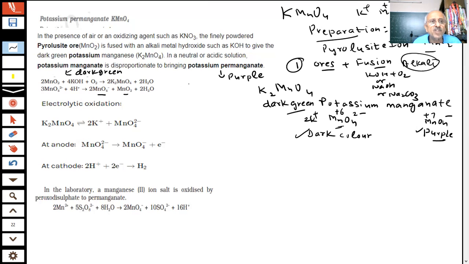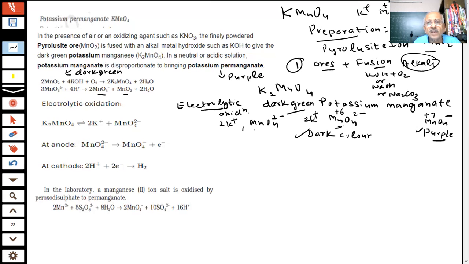Another possibility is that for K2MnO4, we can do electrolytic oxidation. If I do the electrolytic oxidation, what will happen? What ions do you have? You have 2K plus and MnO4 2 minus ions.